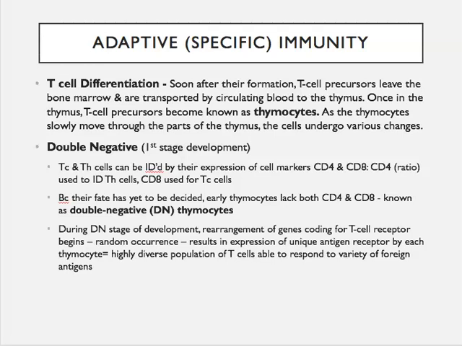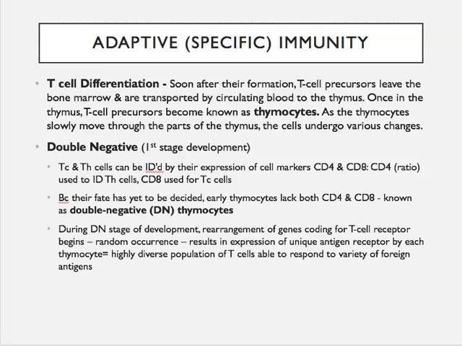So either CD4 or CD8. CD4 is used to identify T helper cells. CD8 is used to identify your cytotoxic T cells. But at this point, their fate has not yet been decided. So early thymocytes lack both CD4 and CD8. So that's why they're known as double negative thymocytes.